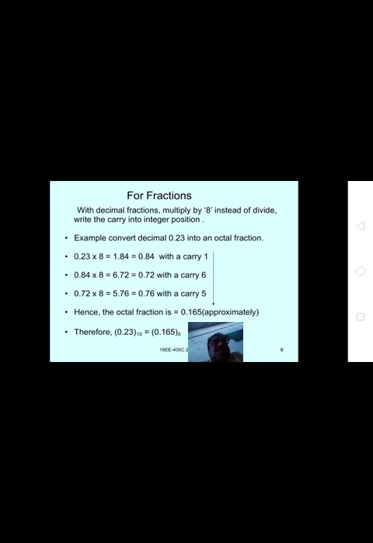We take the value before the decimal point. 0.72 times 8 equals 5.76, equals 0.76 with a carry 5. Hence the octal fraction is 0.165. Therefore, 0.23 base 10 equals 0.165 base 8.